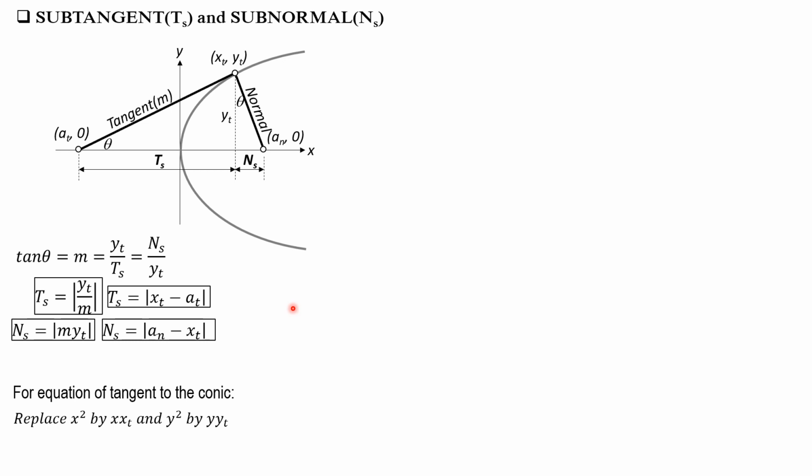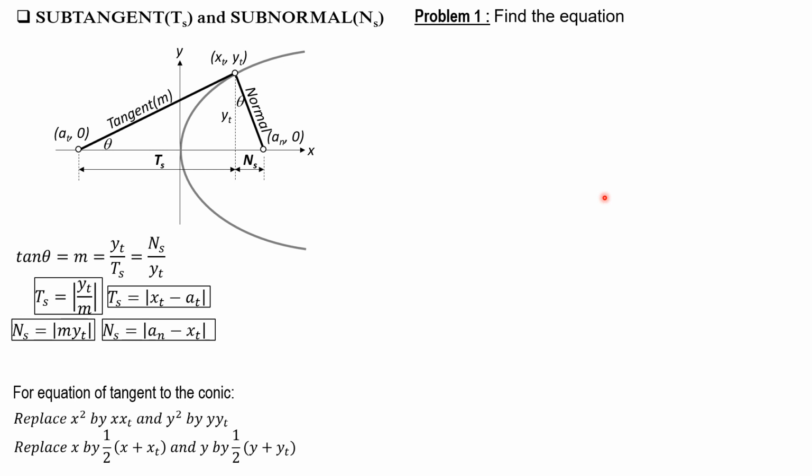Then if it is x, replace x by 1/2 of quantity x plus x_t, and y by 1/2 of quantity y plus y_t.